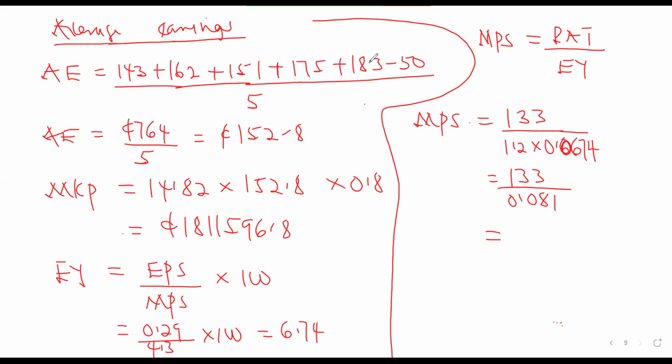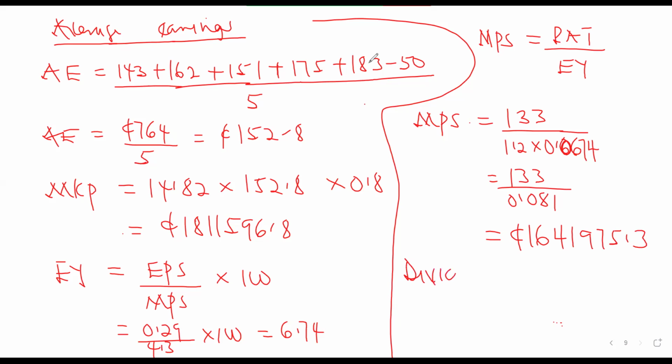Okay, we are keeping 3 zeros, so just change it to 1641975.3. Okay. We can also use dividend valuation.